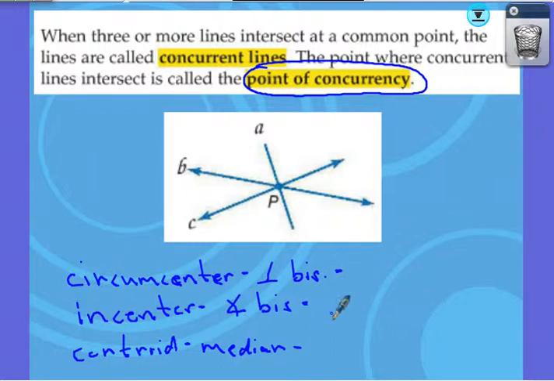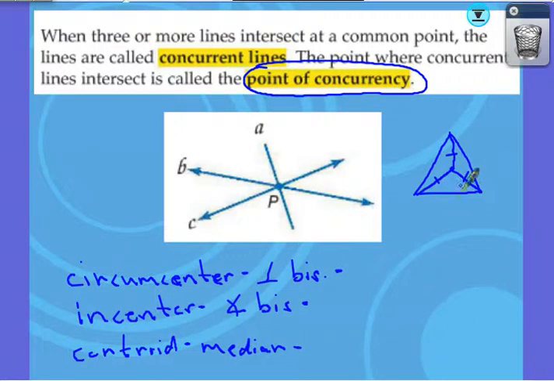The circumcenter is the center of the circle that you can draw around a triangle. So let's say that this is the circumcenter. If that's the middle of the circle that can be drawn around this, then I could draw these 3 lines, and they'd have to be the same. Why?